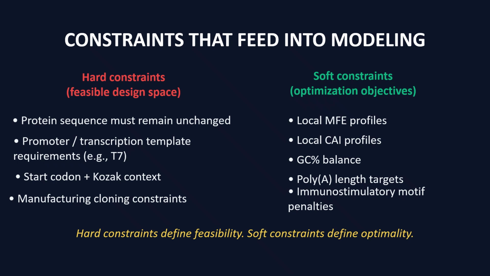So everything else is optimization. You shape RNA structure, codon usage, GC content, and immune visibility to improve performance. But these are tunable objectives, not absolute requirements. In modeling terms, hard constraints define the feasible space. Soft constraints define what counts as optimal inside that space.